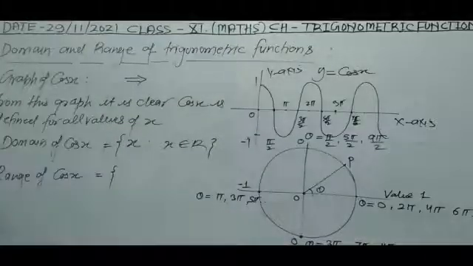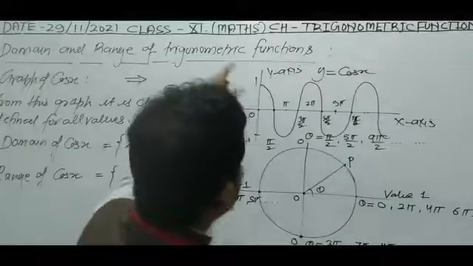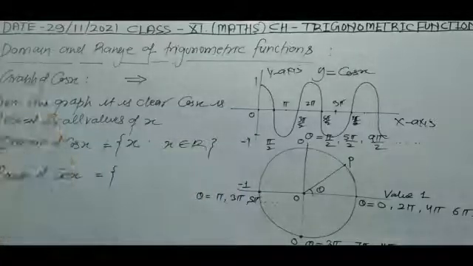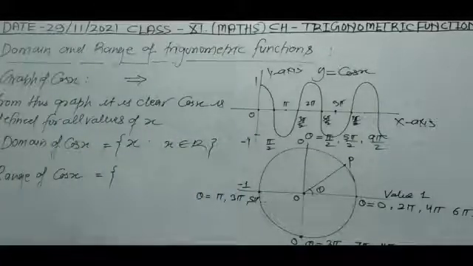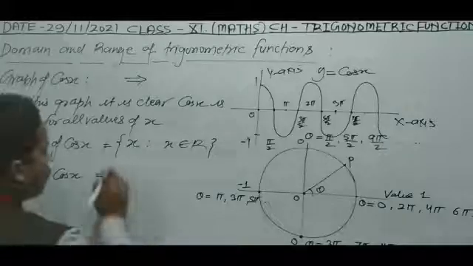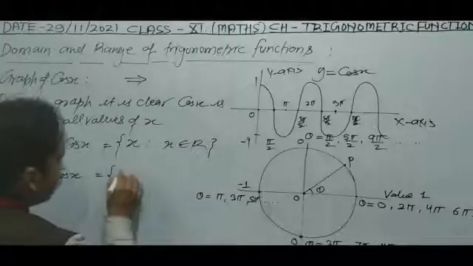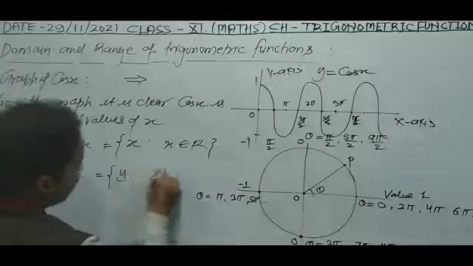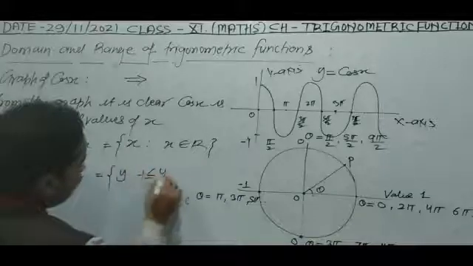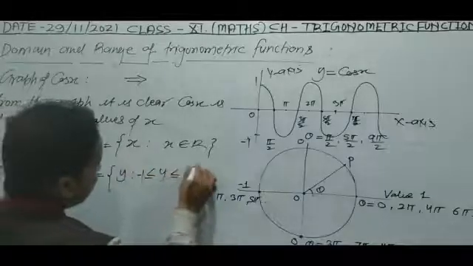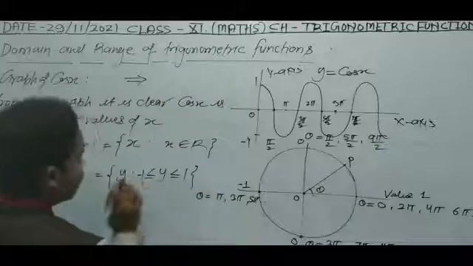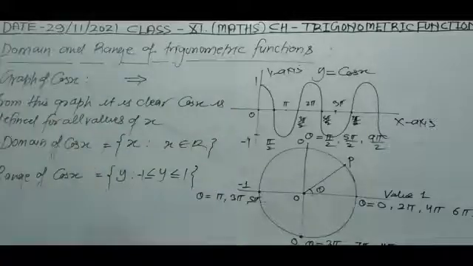The value of cos x lies from minus 1 to 1. So the range of cos x will be y such that y is greater than or equal to minus 1 and less than or equal to 1. This is the range of cos x.